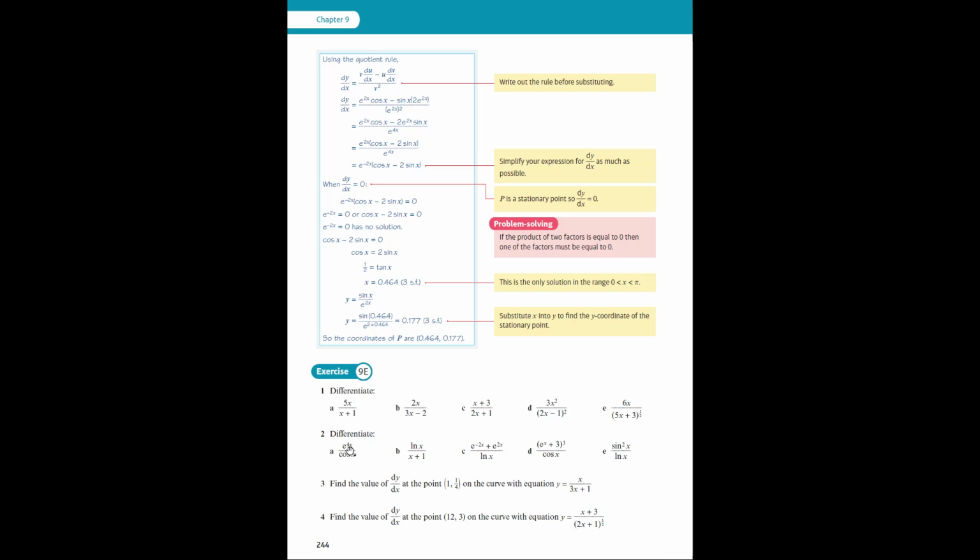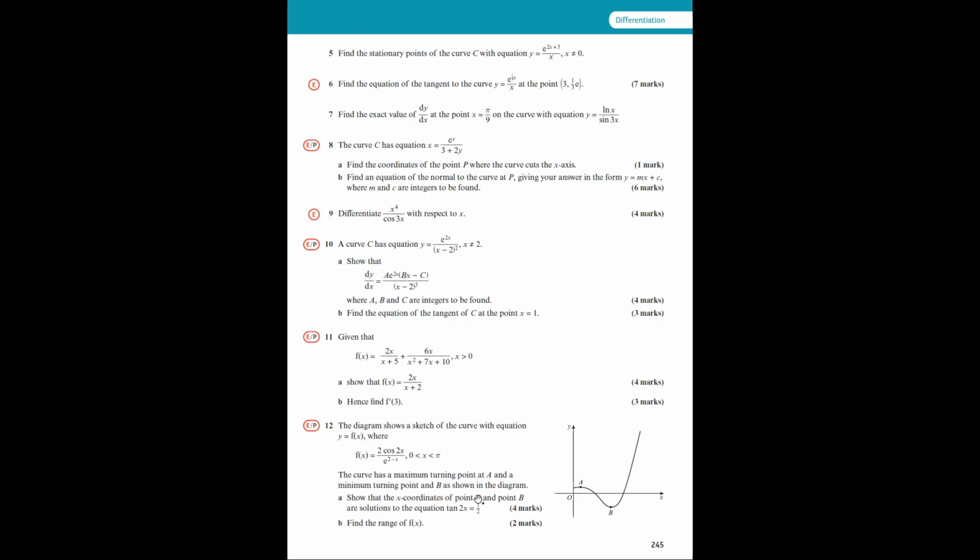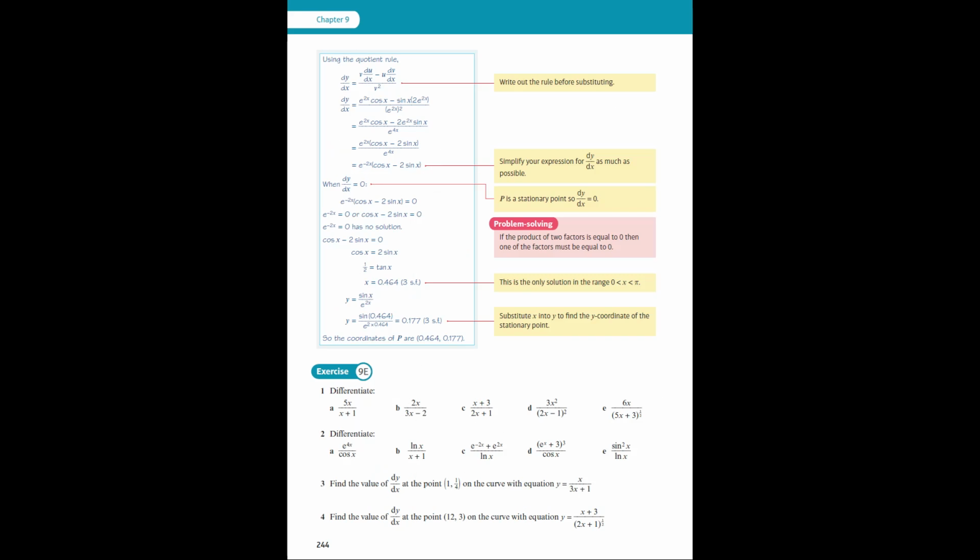It's nice to do things with the exponential and the log in them, so that you can become more confident in using those and differentiating those. And then flip the page and we get up to question 12. Okay, so exercise 9E, good luck.